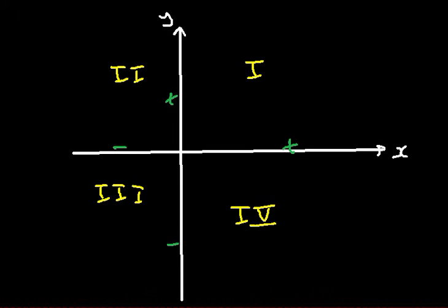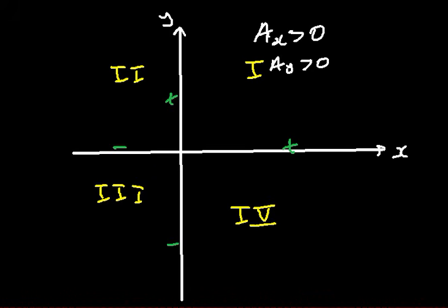So whichever vector A is in the first quadrant, its x component must be greater than 0, and its y component also must be greater than 0. In the first quadrant, all components of the vector A must be positive.